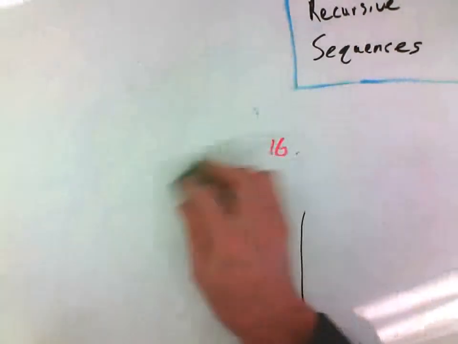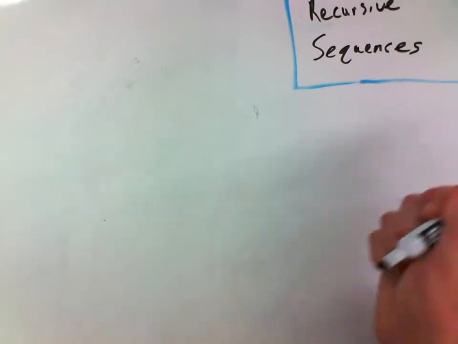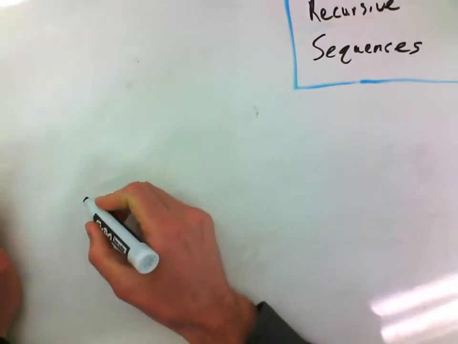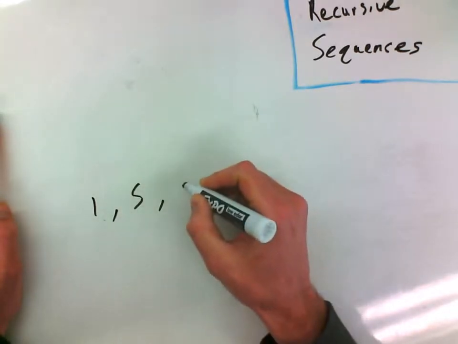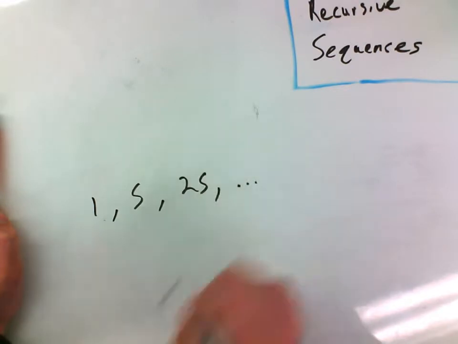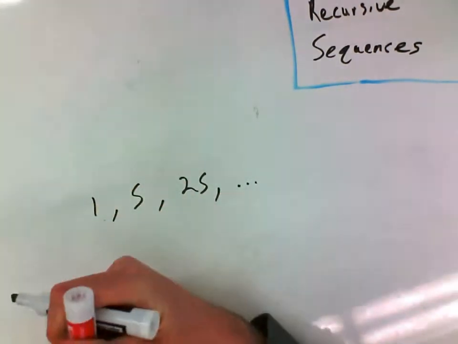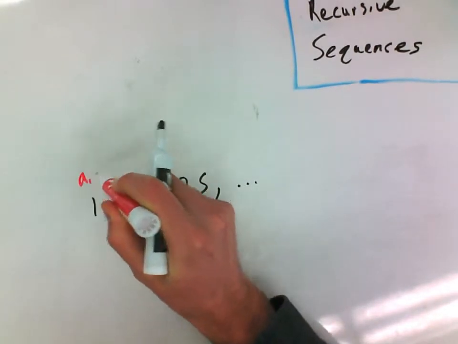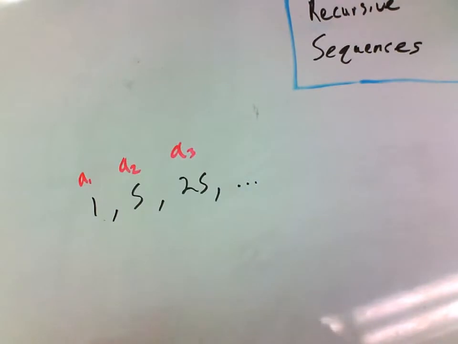Let's try a different one, huh? This one, let's do a geometric one. Geometric means that it's going to be growing with multiplication. So I'm going to do, let's start with 1, 5, and so then that'll be 25, etc. So once again, probably a good idea to just remind myself that this is how I'm counting. I need 2 things.